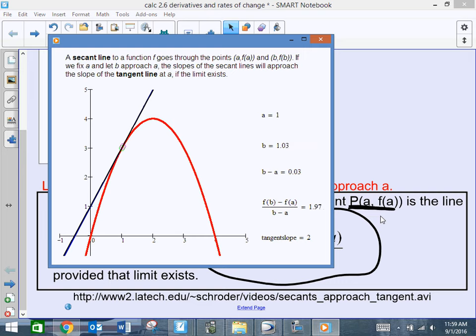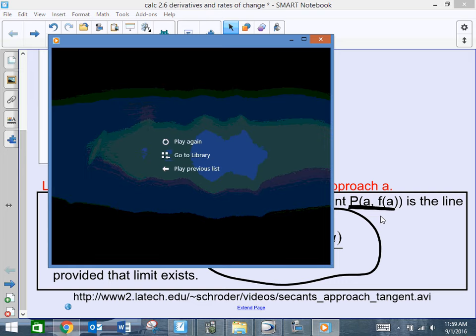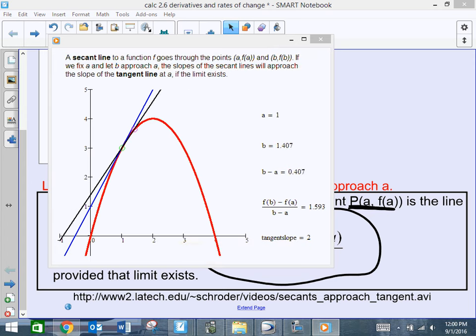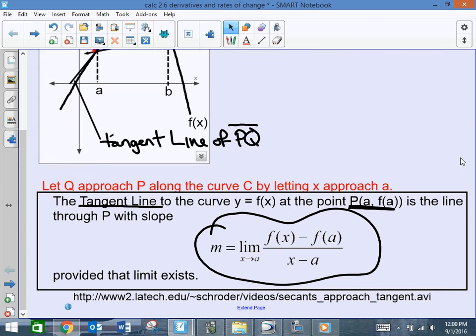If you look here, your values are changing. Your a wasn't changing, your b was changing, and b minus a, of course, is changing because that's the distance between the two. It's changing to nothing, pretty much. So that's where the limit comes in, okay? Is that we're approaching 0 when Q and P approach each other, okay?